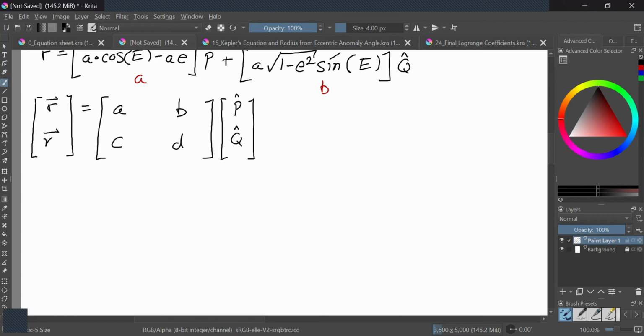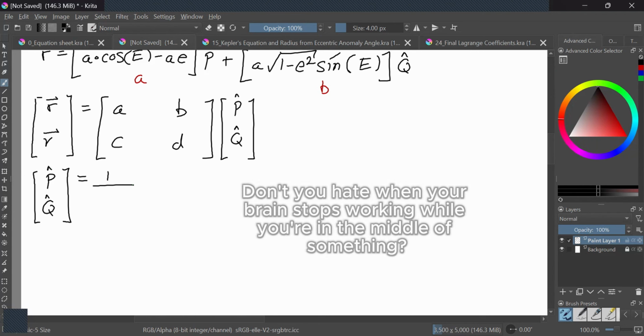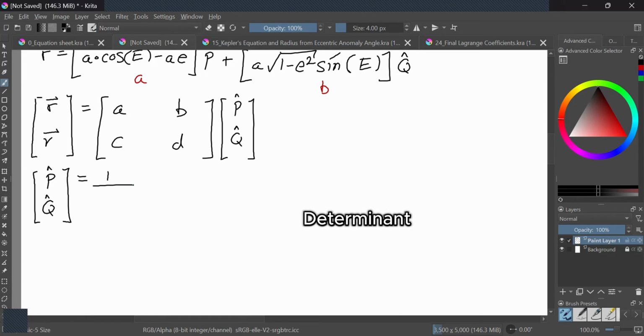So now when we go to invert it, we have p hat q hat times 1 over, oh, I don't remember what the name is. I will probably put it in text off to the side here because I don't remember what this is called, but it's 1 over this, which happens to be the angular momentum, the specific angular momentum.